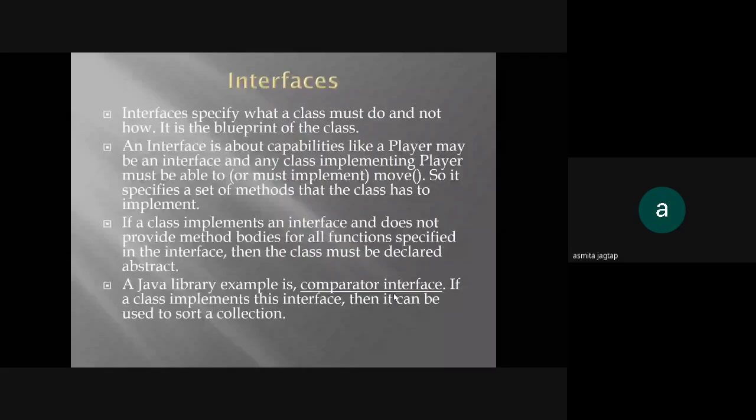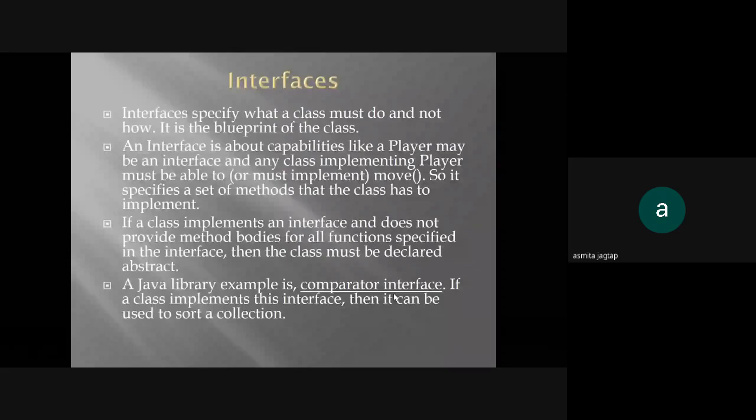Player may be an interface, and any class that implements the player must be able to move. So there is an interface called Player, and inside that interface there is a method like move, and any class which implements that interface must implement the move method. So it specifies a set of methods that the class has to implement.